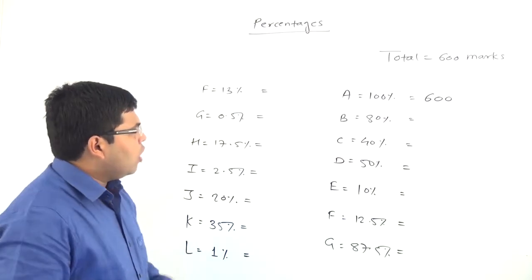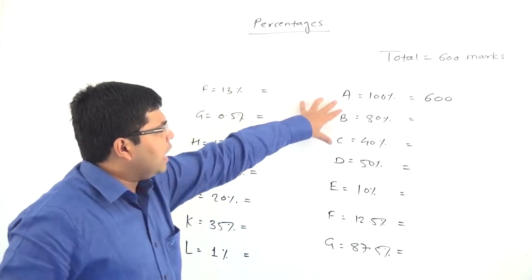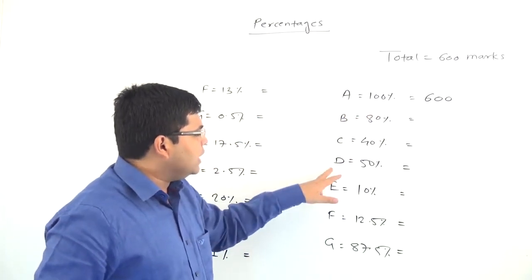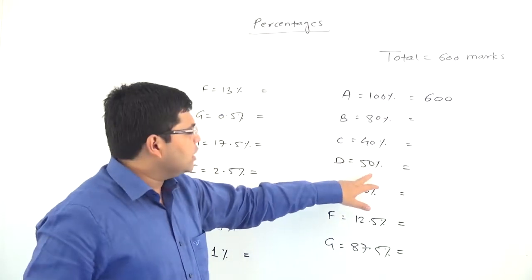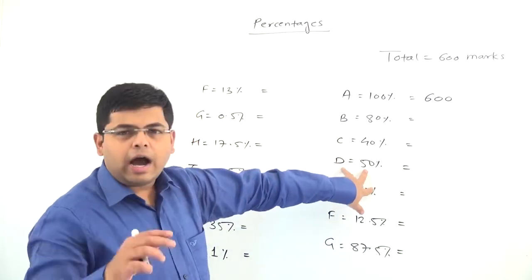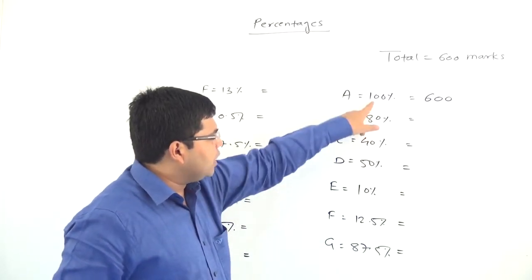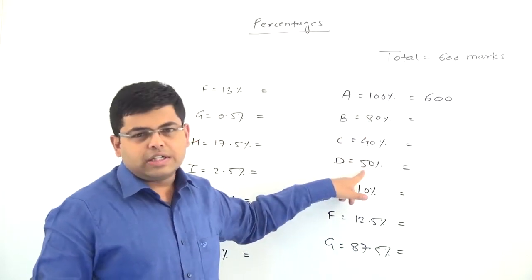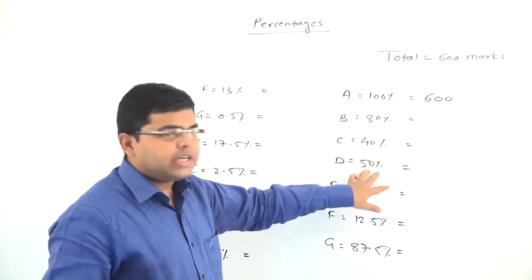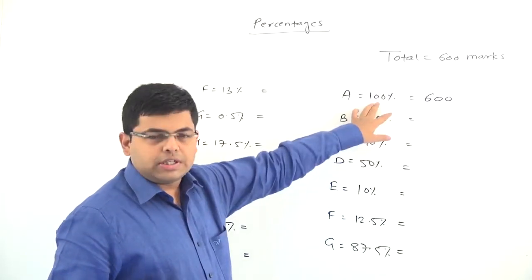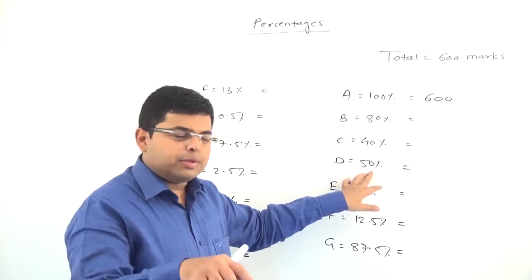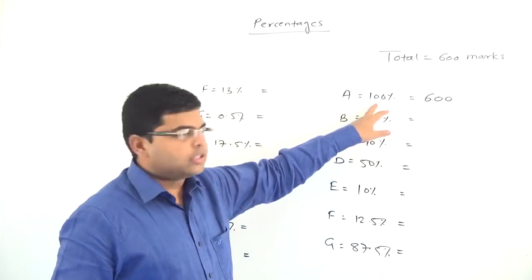And now, if A has scored 100% and D has scored 50%, what does that mean? D has scored half the marks as compared to A. Because what is the relationship between 100% and 50%? Relationship is very clear. 50% is half of 100%. You add 50% plus 50%, you are going to get 100%.